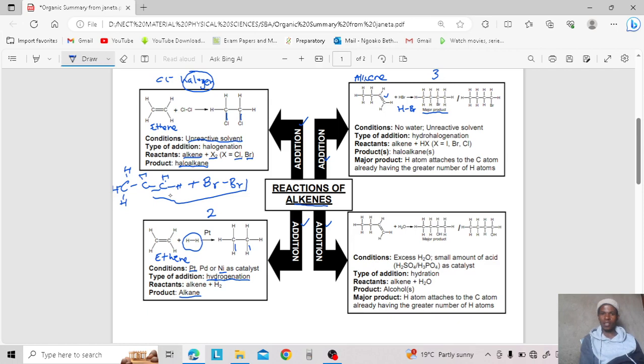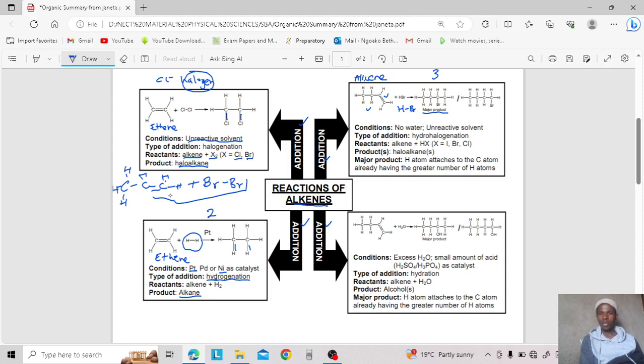Put simply, we look at the structure. If we check this one, the double bond is between carbon 1 and 2. So also what is attached to carbon number 1.